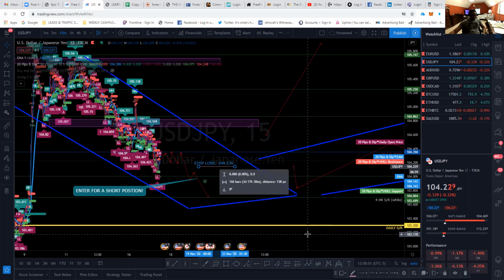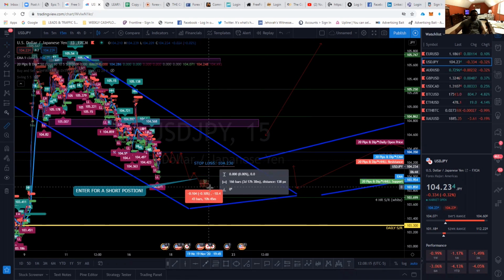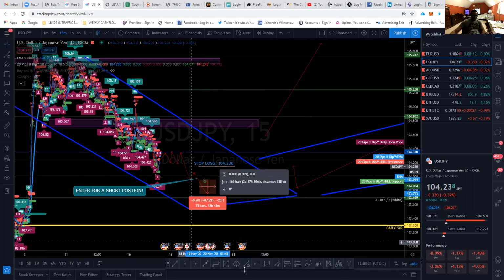And then the goal is to try to get as many pips as we can until it hits probably down here. So let's grab the ruler, see how many pips we can get from this point, all the way down to here. So good, we can still get 20 pips. That's good.